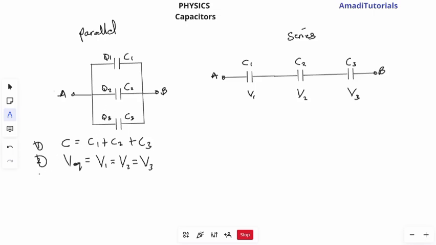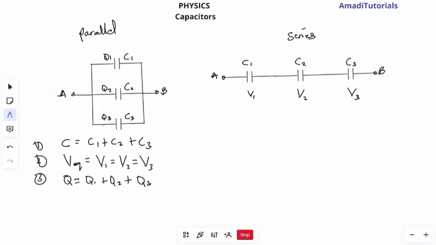The third point you have to know about a parallel connection is that the equivalent charge of the capacitors combined is equal to the sum of the individual charges, Q1 plus Q2 plus Q3. So if they ask you what is the equivalent charge between point A and B, you have to add the individual charges on the capacitors.